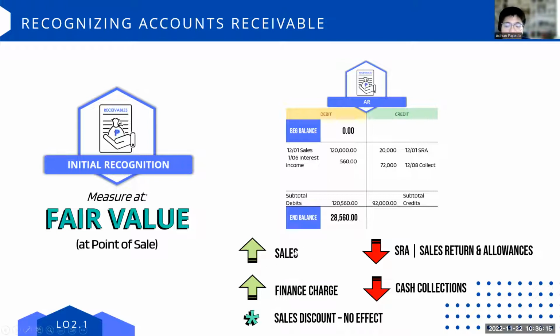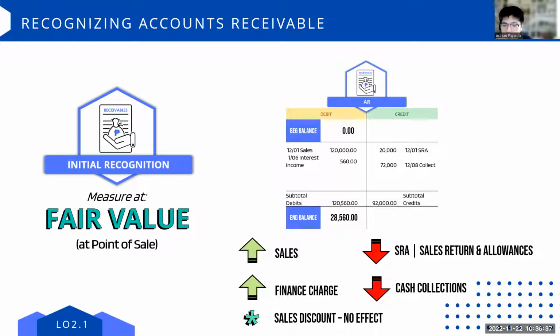Every time there's a credit sale, it will increase. Every time there's an SRA, it will decrease. Every time there's a finance charge on a late collection, it will increase. And then every time there's a cash collection, it will decrease. Please take note that sales discount generally don't have an effect on your AR balance.